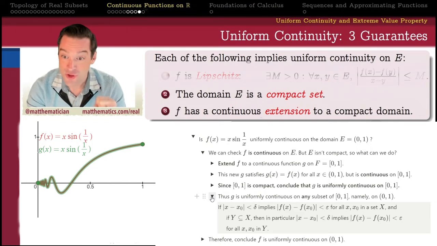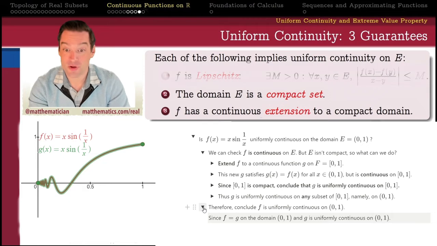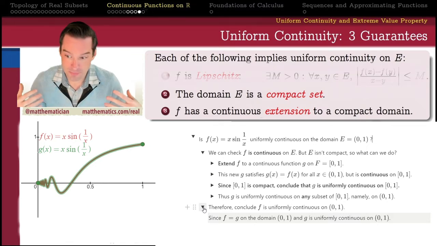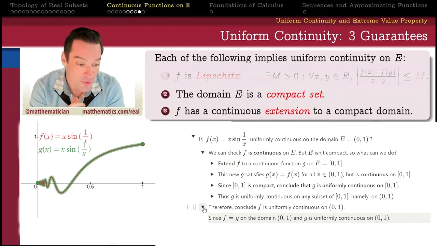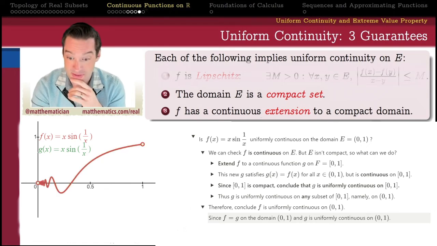And therefore, g is a uniformly continuous function on the open interval from 0 to 1. But on the open interval from 0 to 1, g and f are exactly the same function. Therefore, f is uniformly continuous on the open interval from 0 to 1. So this extension process gives us a really valuable way to prove that functions can be uniformly continuous even if their original domain was not compact in the first place.